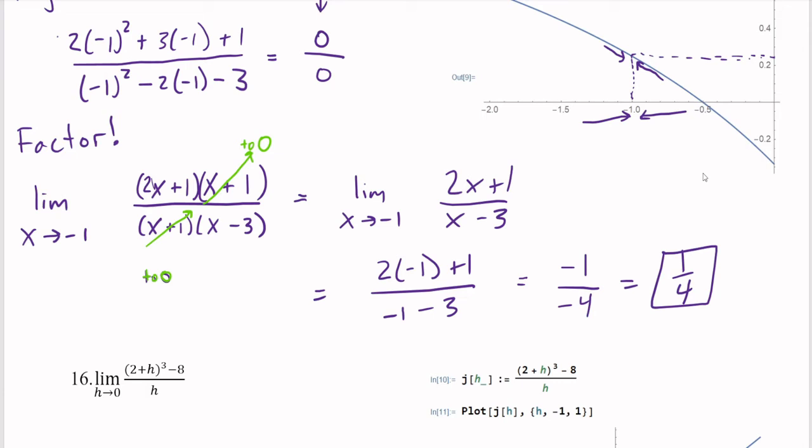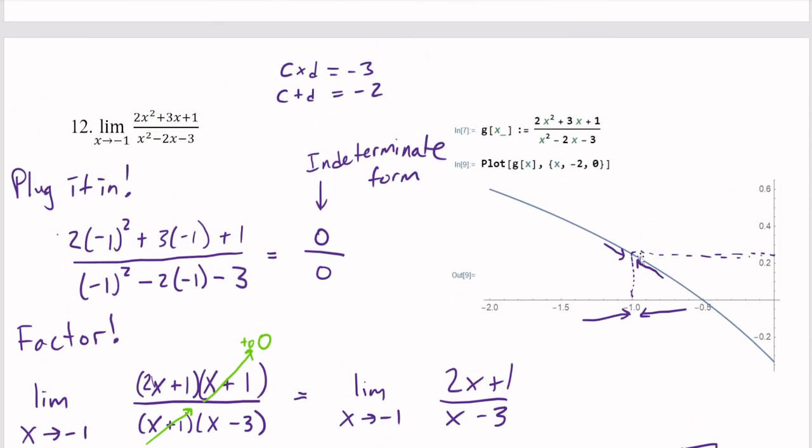So this plug-in method worked, but we needed a little algebra first. Because at the exact point -1, we had both pieces here, the x plus 1, the x plus 1, top and bottom, dragging us to 0, top and bottom. But the key point is it's a limit, so all I need to really be thinking about here is, well, okay, get rid of -1. What's happening right around there?